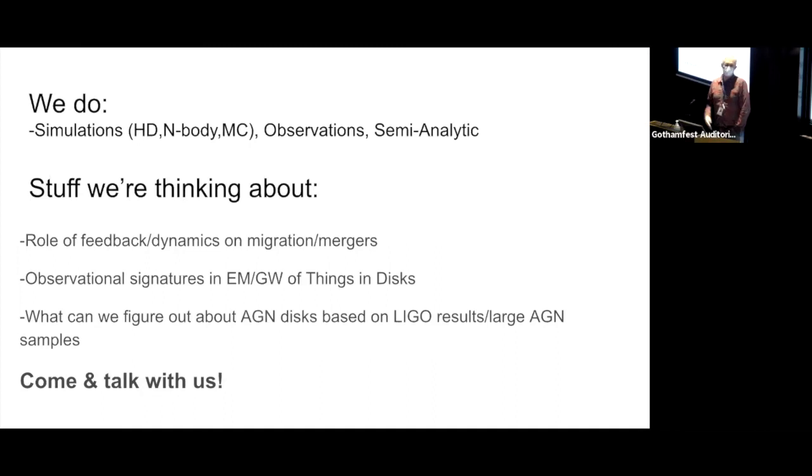So whatever, just give me a number and we can tell you something about AGN and nuclear star clusters. Off the top of my head, anywhere between 25% and 80% would be a reasonable sort of fraction.